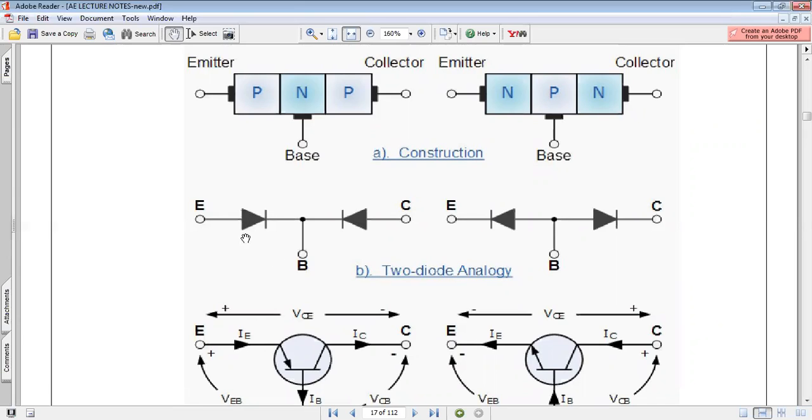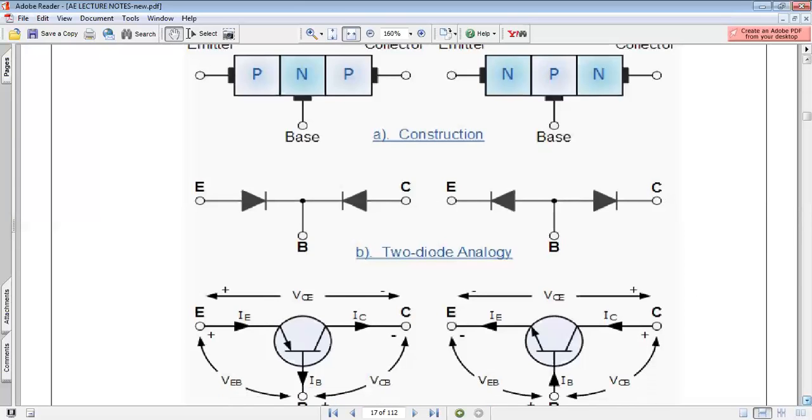In case of a PNP transistor, two diodes are connected back to back in such a way that the emitter terminal is the anode of one diode, the collector terminal is the anode of another diode, and the base terminal is the cathode of both the diodes. Whereas in case of NPN transistor, the anode of both the diodes is the base terminal, whereas the cathode of the first diode is the emitter terminal, and the cathode of the other diode is the collector terminal, as you can see in this diagram.